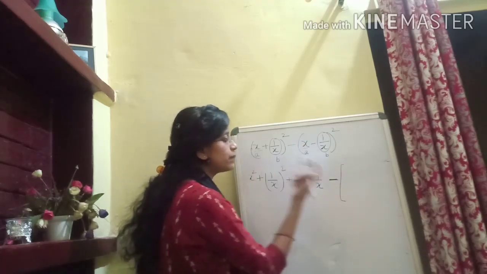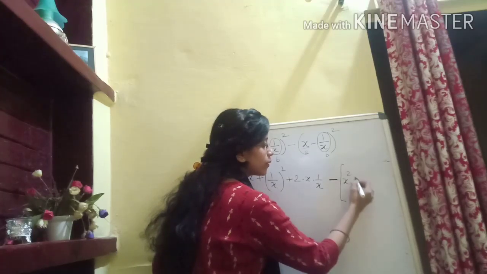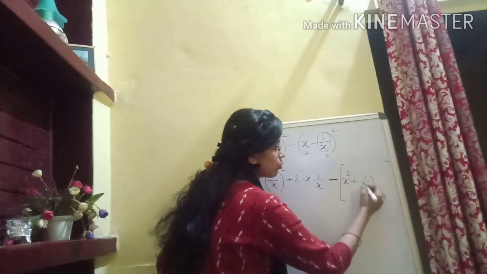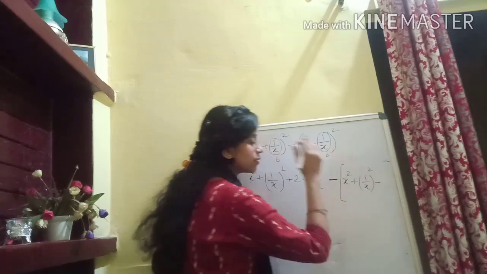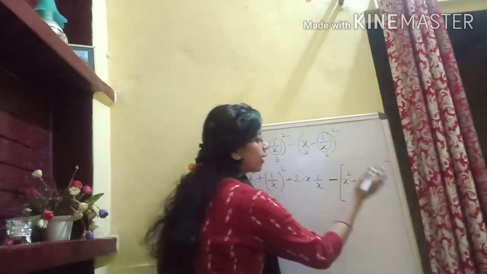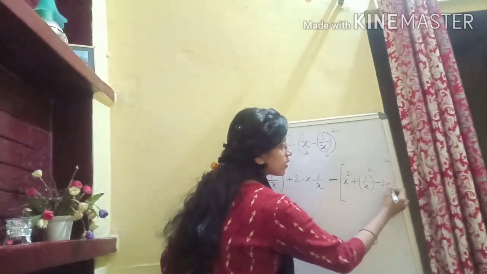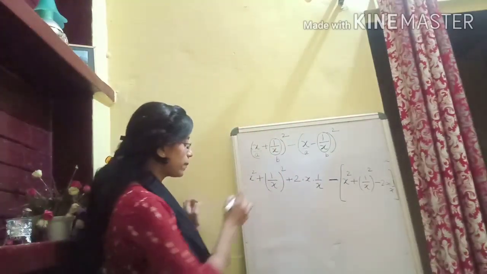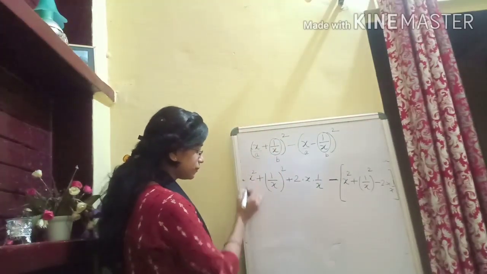What is the identity? It is a² plus b², where b is (1/x)², minus 2ab, that is 2 into x into 1/x. Now we have closed the bracket. Is it okay? Now let us simplify this.